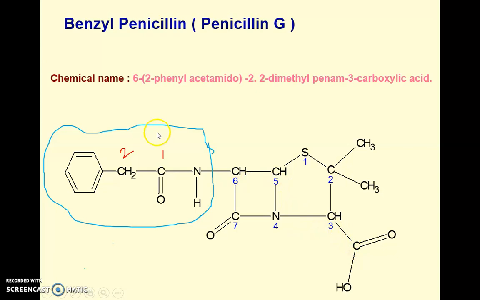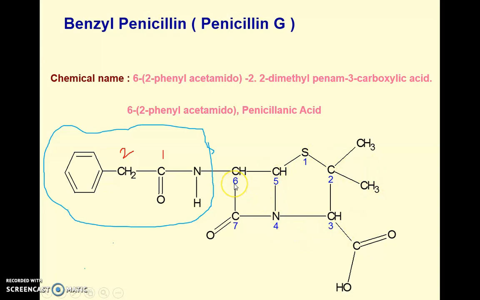Now one can also give the name in terms of 6-aminopenicillanic acid, that is, the second way to give the chemical name is by taking penicillanic acid as the parent nucleus. Except for this complicated substituent, the remaining complete part we take as penicillanic acid.